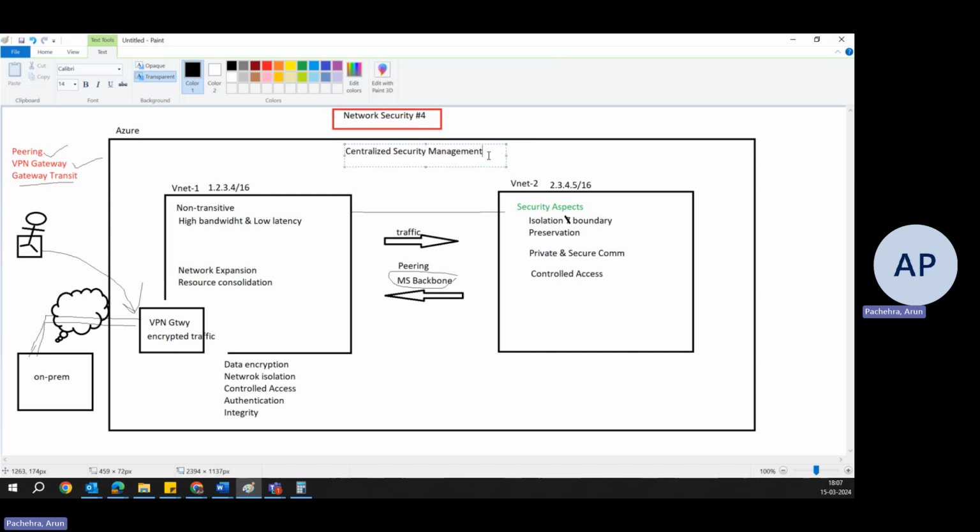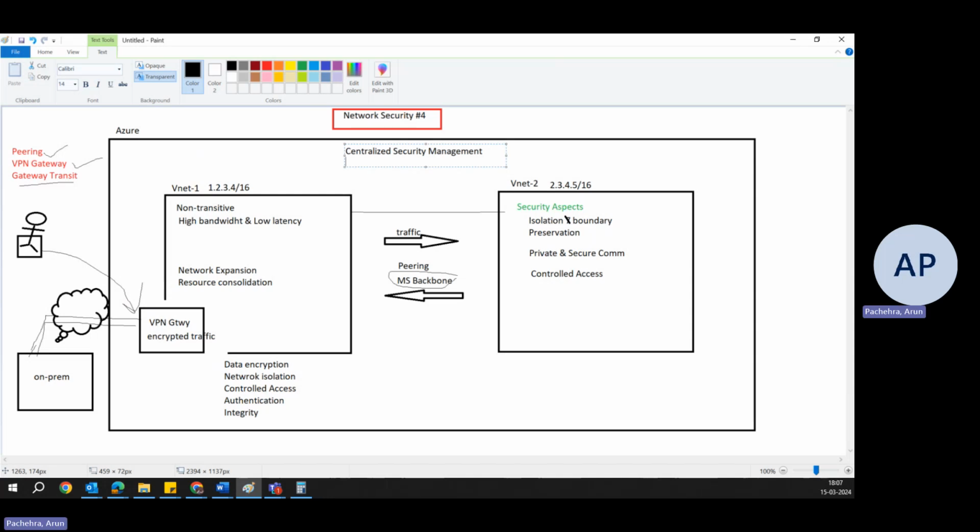Because this is something which is very important. By using a shared gateway, you centralize the point of entry and exit for network traffic. There is only one bouncer needed at one gate. This centralization makes it easier to enforce security policies, conduct monitoring, and deploy security appliances like firewalls or intrusion detection systems in a consistent manner.